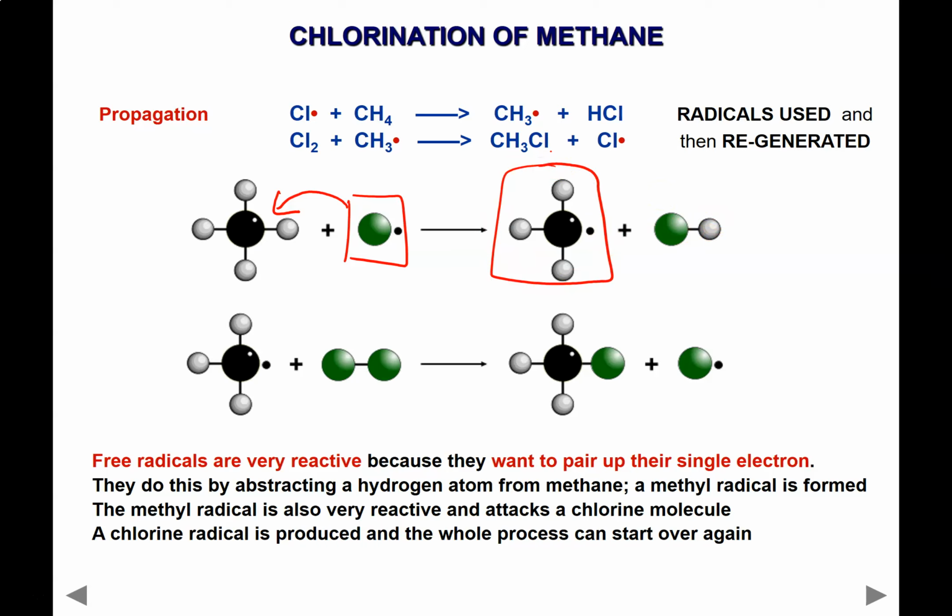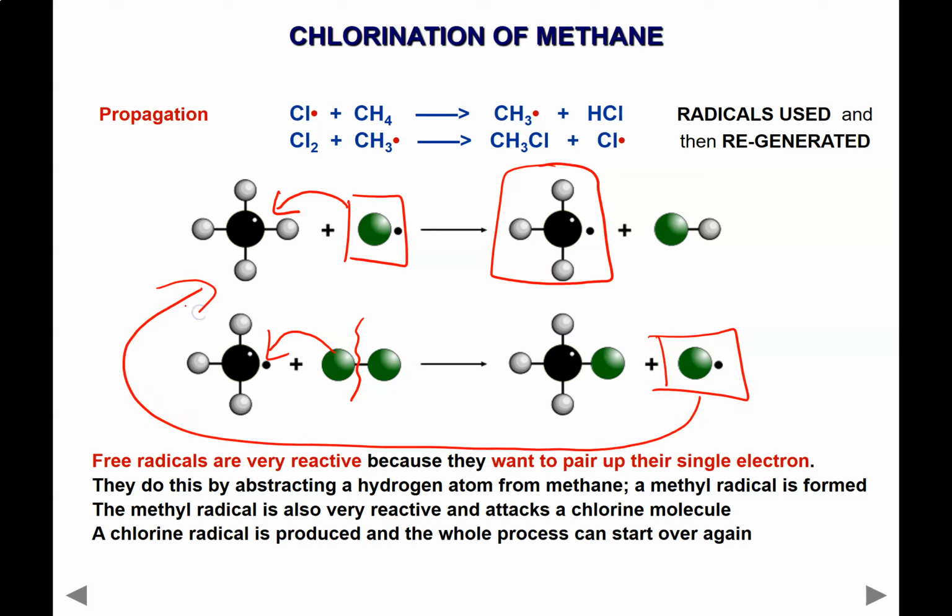That CH3 can then go on and react with a chlorine molecule, which is broken, and the chlorine will go in there and bond with its unpaired electron, and then this free radical is left over. So this is this free radical over here, and again it starts all over again. So it's a chain reaction.